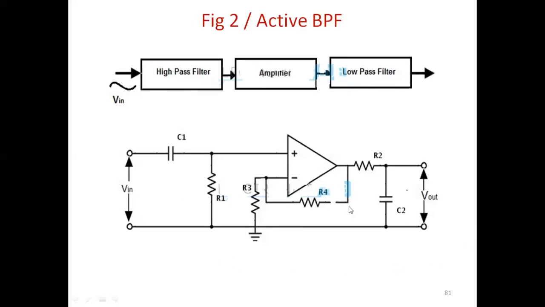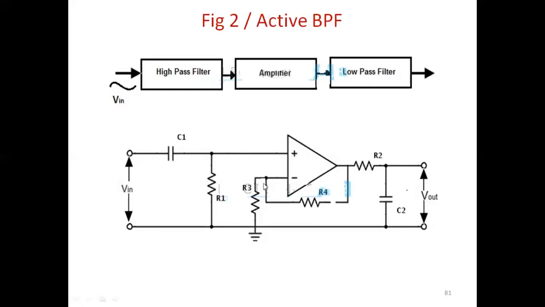Input voltage is given, output voltage is available. In the beginning, we have a high pass filter, C1 and R1. Note that a high pass filter is nothing but a differentiator where we take the output across the resistor R1. And this portion is a non-inverting amplifier. Input is given to the non-inverting terminal or positive terminal.